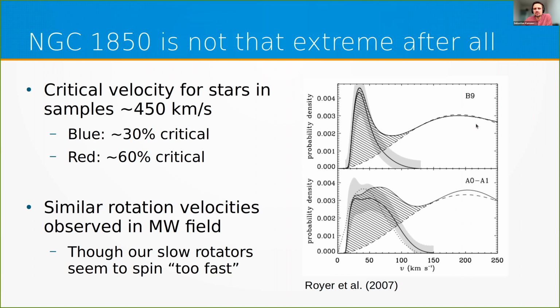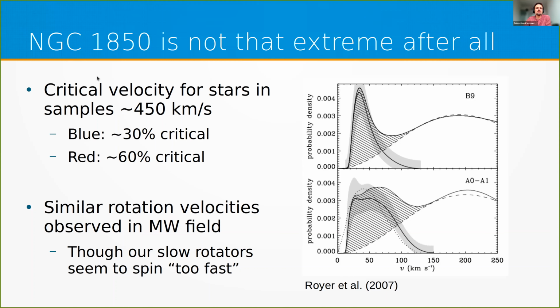And especially the fast rotating stars have a peak around 200 to 250 kilometers per second, in quite good agreement with our measurements. For the slow rotating stars, they seem to be finding smaller values. If you remember, ours was at around 100. So there might be some discrepancy here.